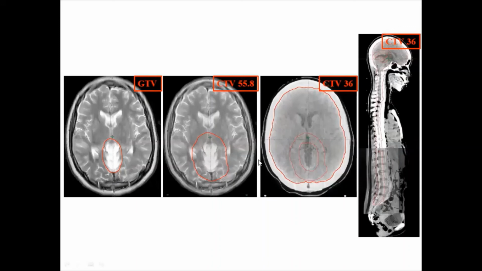So in this slide, we see a 16-year-old girl, a case of pineoblastoma post-op, in which we have contoured the GTV. This is the high-risk CTV, CTV 55.8, and this is the 46. This is the craniospinal CTV.